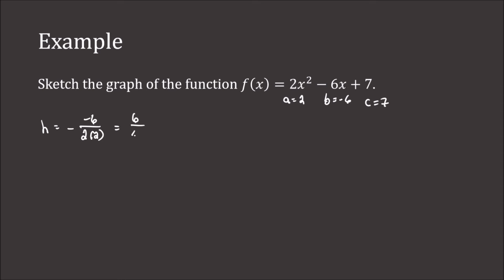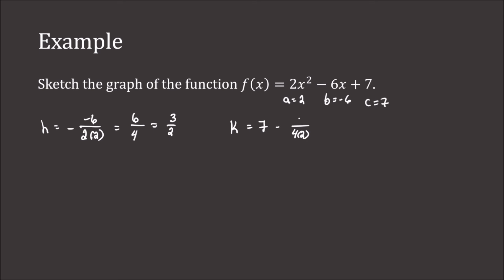This is 6 over 4, which is 3/2. K, remember, is given as c minus b squared over 4a. So c is 7, so we have 7 minus b squared is 36 over 4a, so 4 times 2.